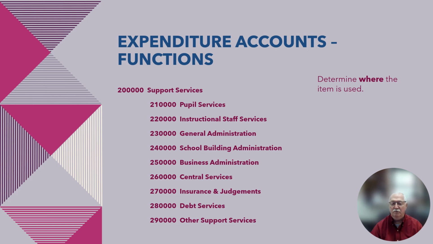Such activities include pupil services, the instruction of specific staff services, general administration like school board and superintendent, school building administration like that of the principal, business administration like buildings and grounds, transportation, fiscal activity, central services like receiving and purchasing, insurance and judgment like business insurances, debt service involving principal and interest of activities of the ongoing operational activities, and then just general catch-all of other support services that may not be included in the previous functions.